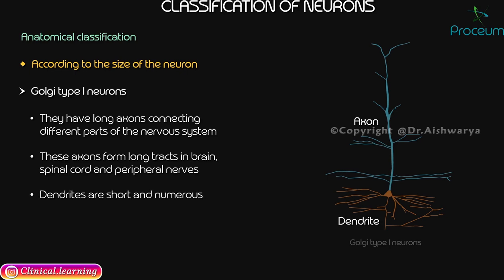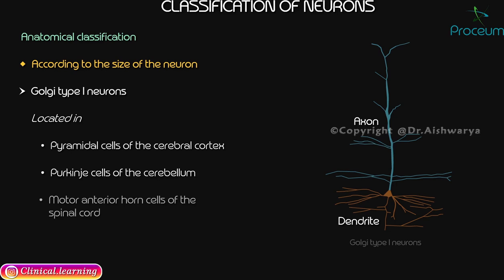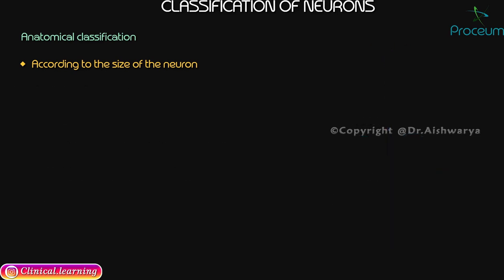The dendrites of this type of neuron are short and numerous. They are also seen in the pyramidal cells of the cerebral cortex, Purkinje cells of the cerebellum, and the motor anterior horn cells of the spinal cord.